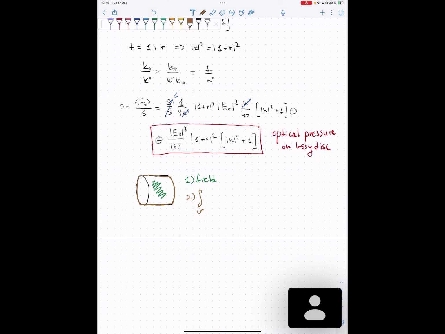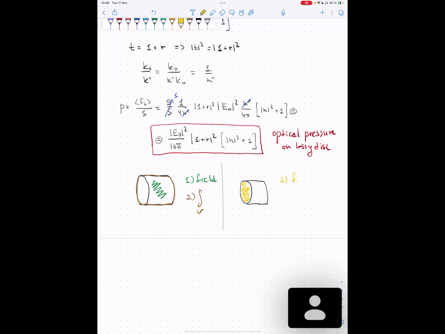And we need to integrate over the whole volume. But there is actually a second approach, and in this second approach, we can do it in a much simpler way. In the second approach, we will need only the field at the boundary of the disk.